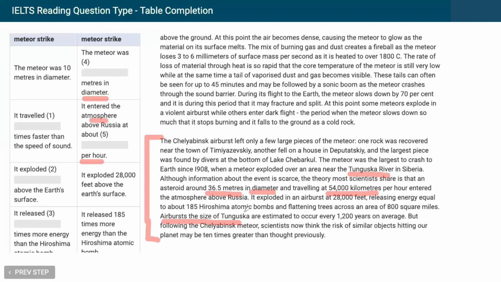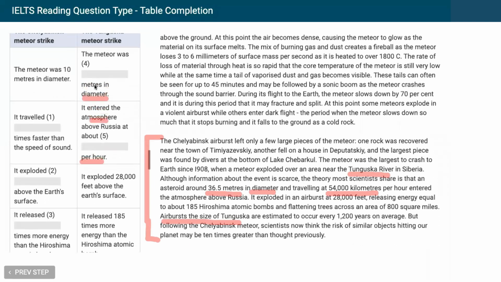All right, so the fact that we are under Tunguska in this column here is an excellent clue that the diameter under Tunguska in the passage is 36.5, and that is our answer for number 4, 36.5 meters in diameter.